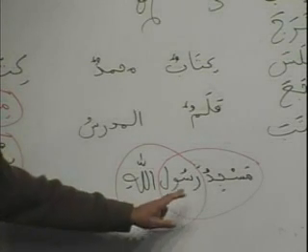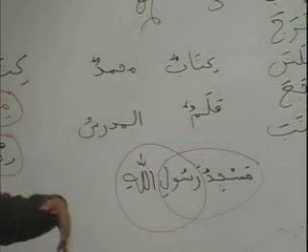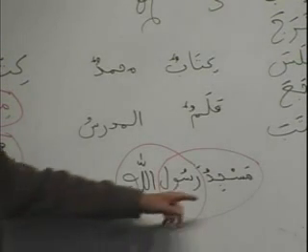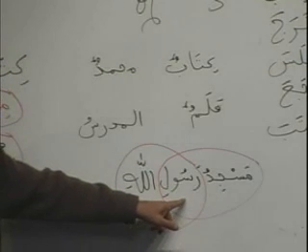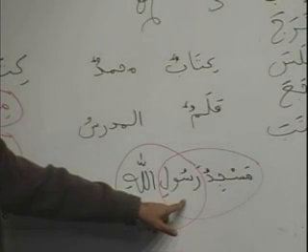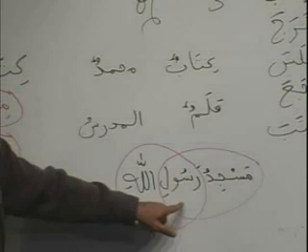Do you see? So I say it is playing a double role. And there will be times when the noun has two roles to play. Masjidu mudaf, rasuli mudaf ilayhi, wa huwa mudaf, and then mudaf ilayhi.